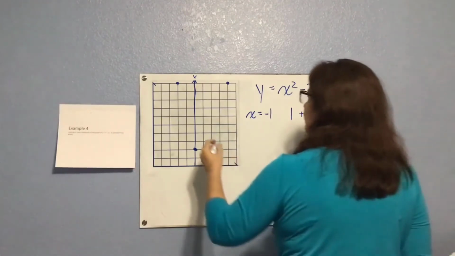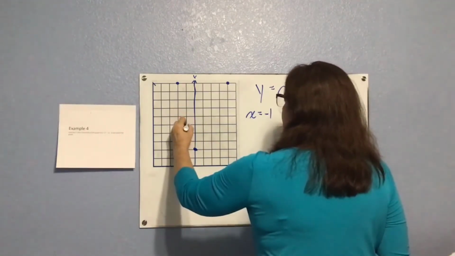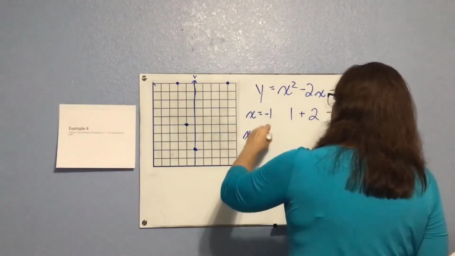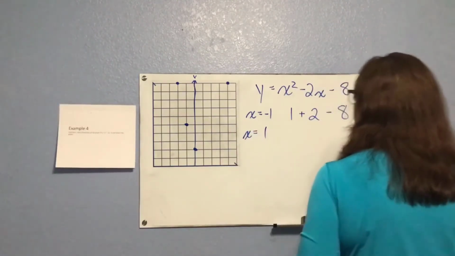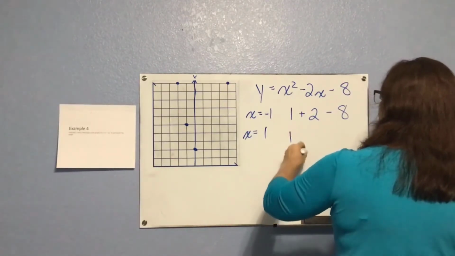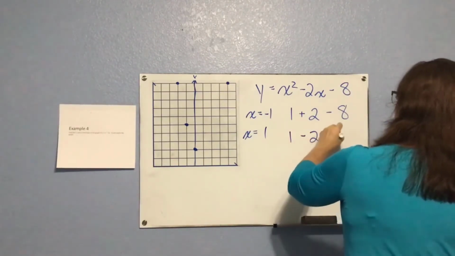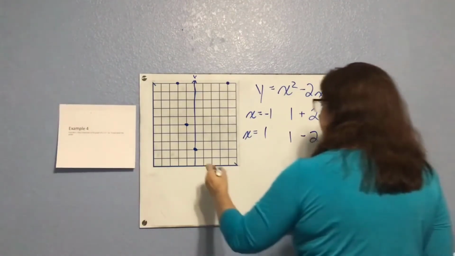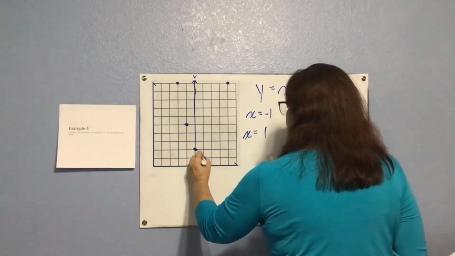So that would be negative 5. I'll put a point here. Now I'm going to try x equals positive 1. So this is going to give me 1 minus 2 minus 8. So total of negative 9. So that point is right here.